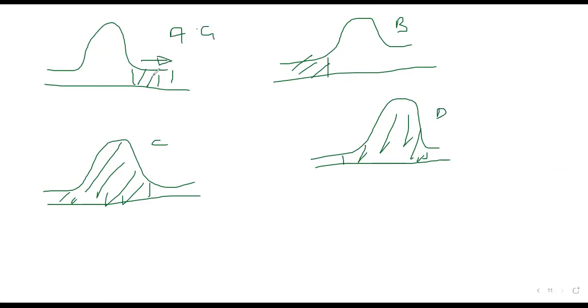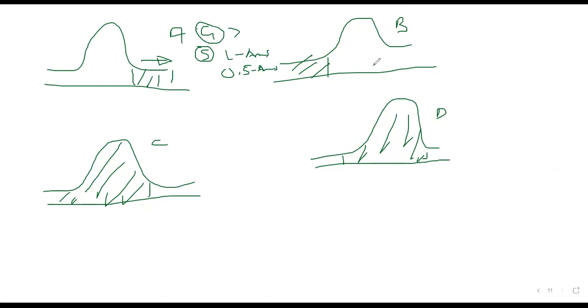Region A also has a small region. So the answer that we're going to get, we subtract from 1 if you're using the cumulative table, or we subtract from 0.5 if you're using the half table. So that's what I can say. Who can use the same format to explain region B or figure B? What is happening in figure B?